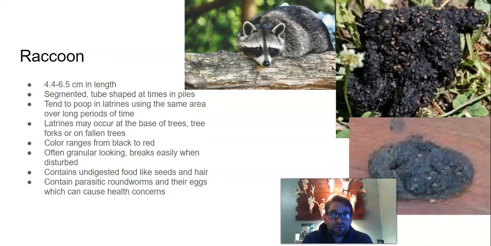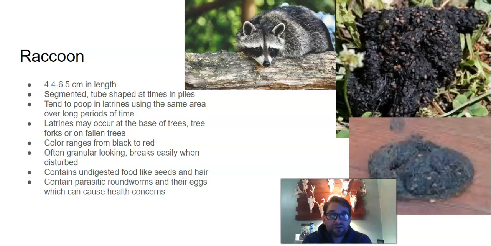Raccoons. Raccoon feces is 4.5 to 6.5 centimeters in length. Oftentimes it is segmented. It has a tube shape to it, but it usually is deposited in large piles. Raccoons tend to allow their waste to pile up because they use the same latrine over and over and over again. Latrines may occur at the base of trees or at the forks of a tree, or maybe even on top of any fallen tree.